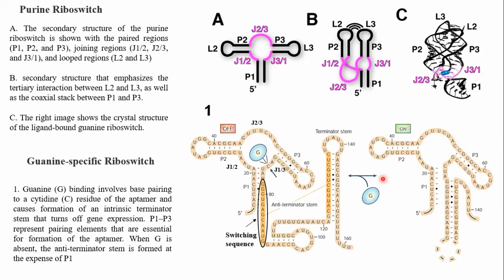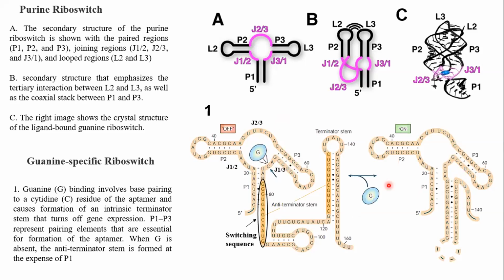Immediately when this particular region is transcribed, if it binds to this ligand, it gives a termination signal. So RNA polymerase will stop and there will not be transcription of that particular gene. Further mRNA transcription will not take place.